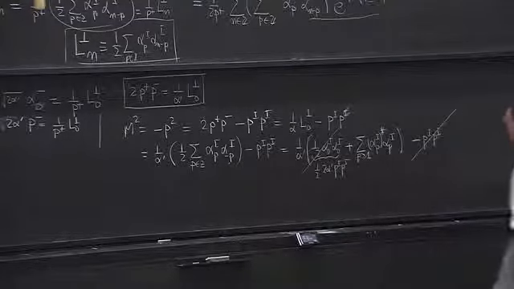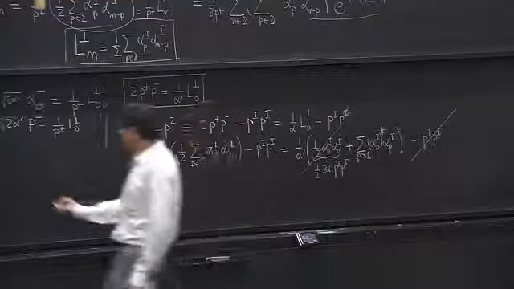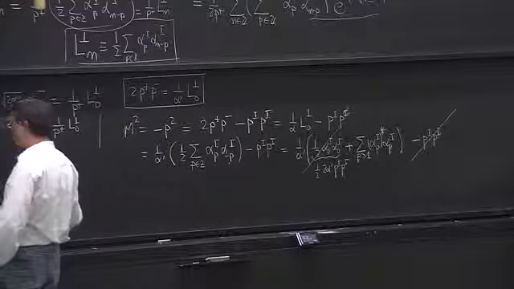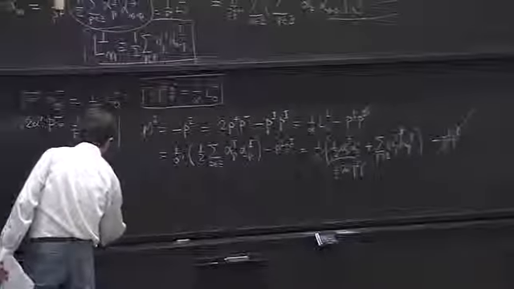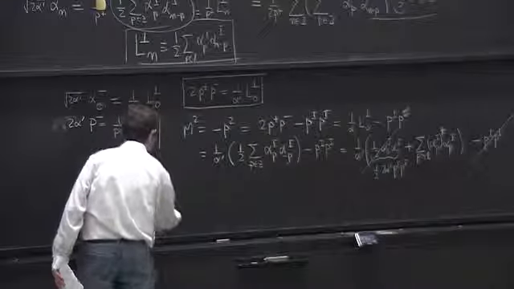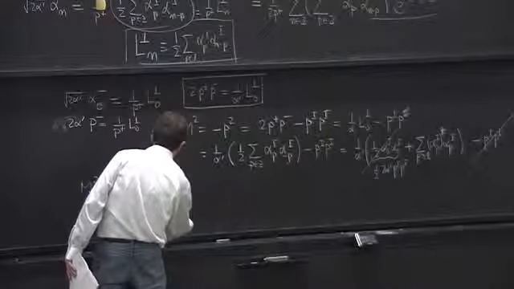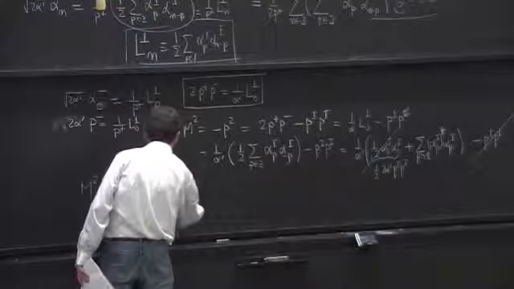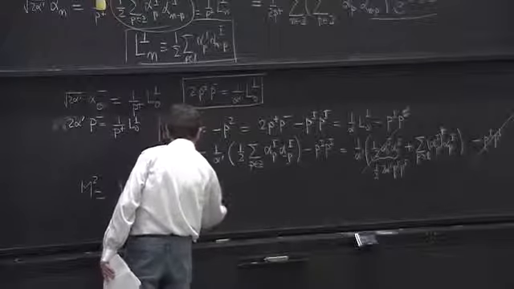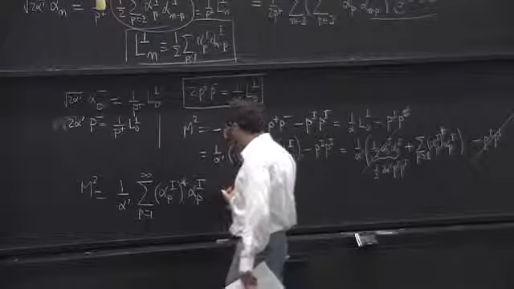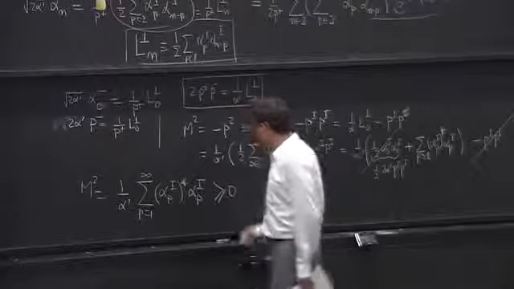It's very nice. So the mass squared of that string is 1 over alpha prime sum over p from 1 to infinity of alpha_p^I alpha_p^I star. It's a number at this moment, greater or equal than 0.